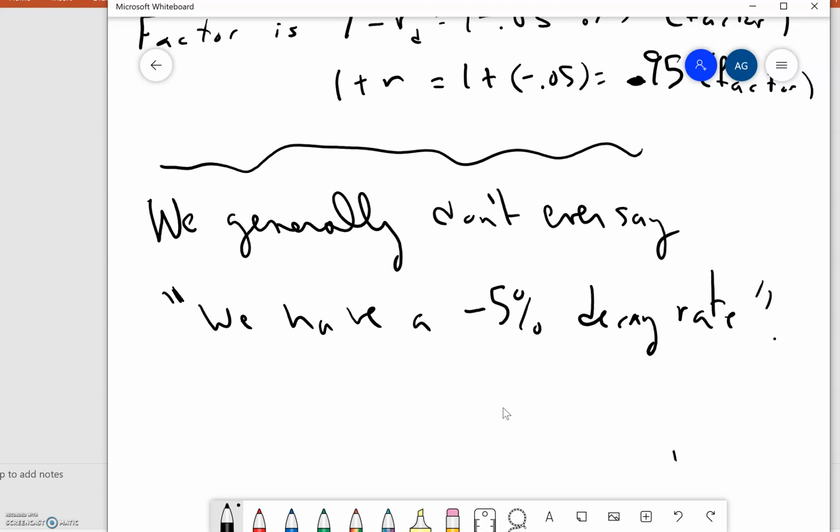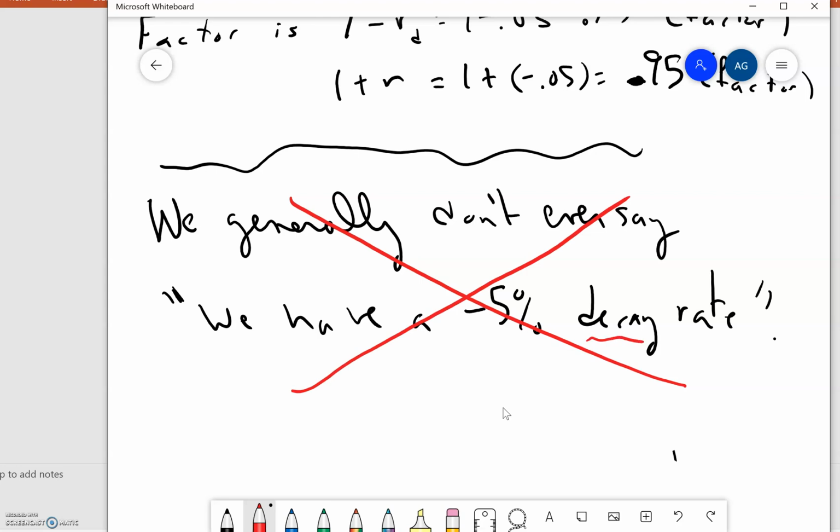That would pretty much never be said. It's not necessarily incorrect to say it that way, but it's very confusing. So if we're talking about the decay rate, it will probably be phrased in positive terms, but you have to remember that since it uses the word decay, we actually turn that into a negative when we compute with it. All right, so I hope that's not too confusing.